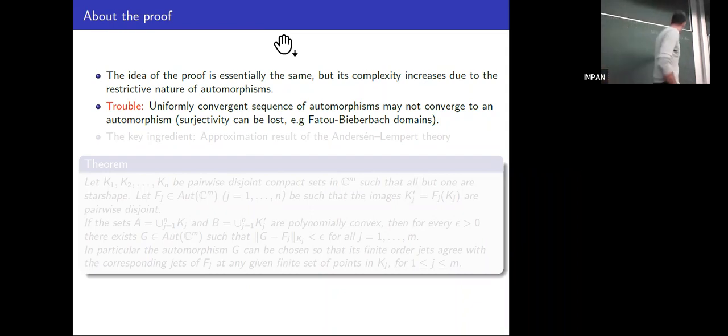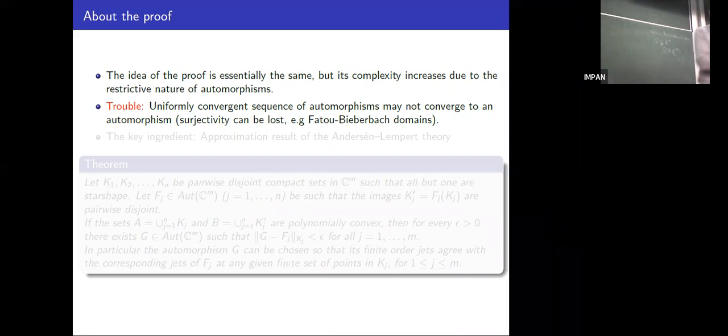So these can be achieved as a basin of attraction of an automorphism, and that's the usual way how you get them. But one has to put some more effort to prove that you actually can get convergence towards an automorphism.